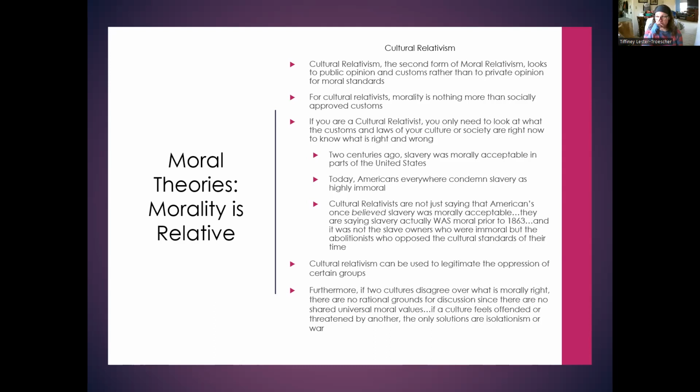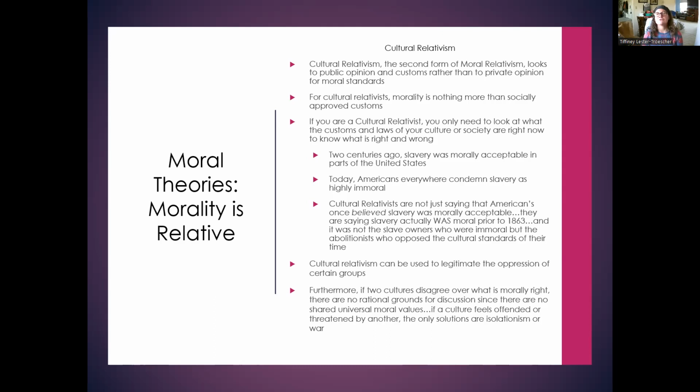This is an interesting take on morality here because two centuries ago, slavery was morally acceptable in parts of the United States. Today, Americans everywhere are going to condemn slavery as highly immoral. So cultural relativists aren't just saying that Americans once thought slavery was morally acceptable.